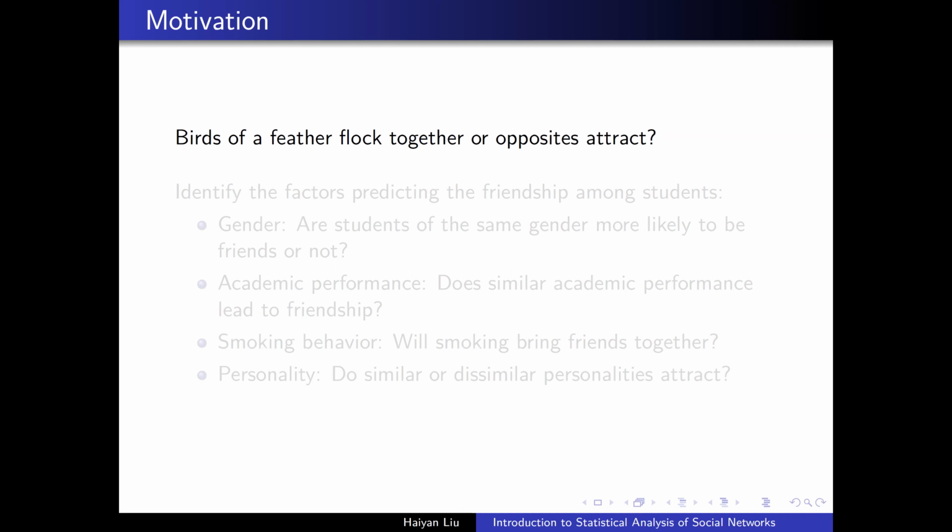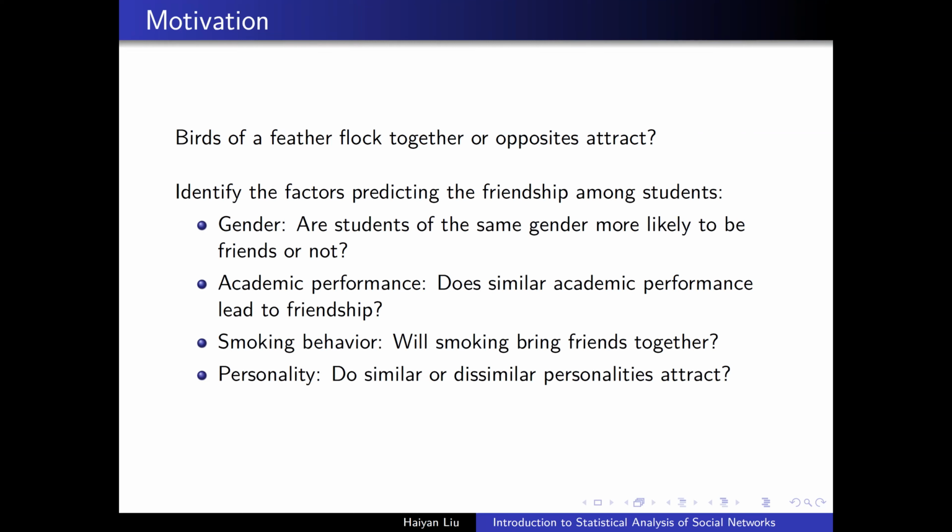To answer these questions, we need to identify the factors or reasons that could help us explain the formation of friendship among students. So we would like to identify the factors predicting friendship among students.